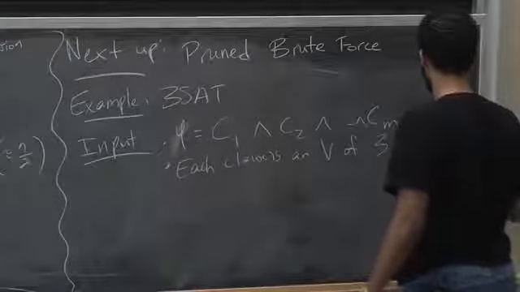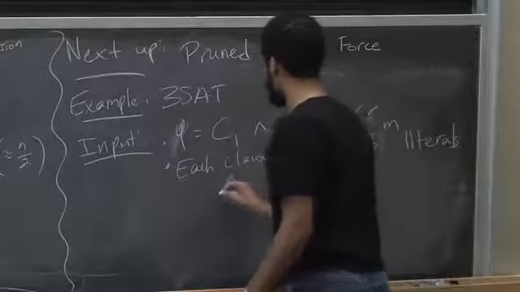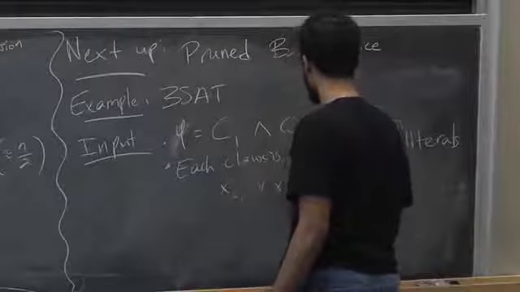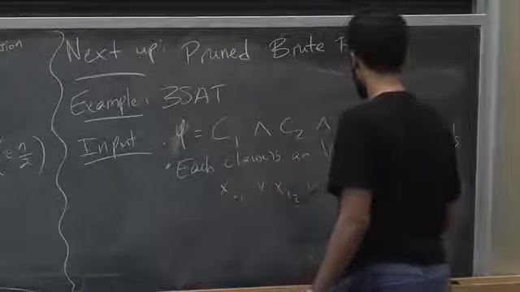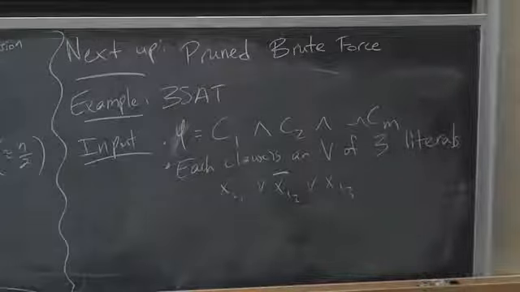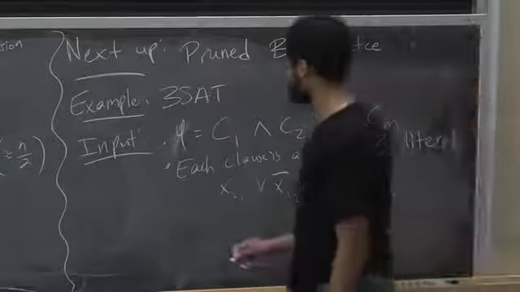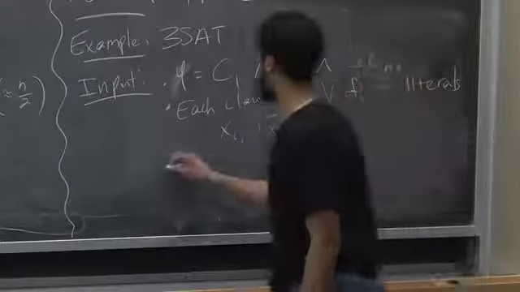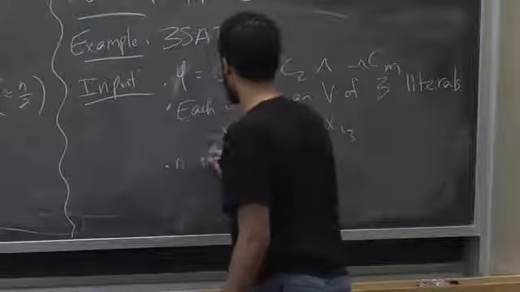So let's say x_i1 or x_i2 or x_i3, and some of these can be negated. And let's say that there are n total variables.